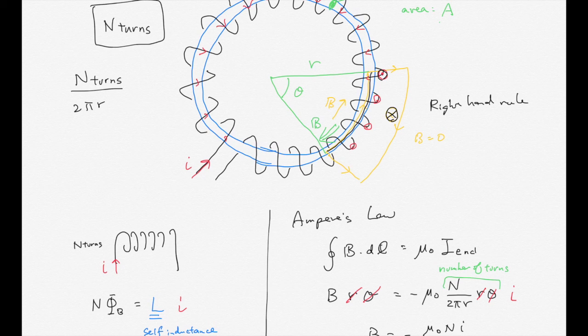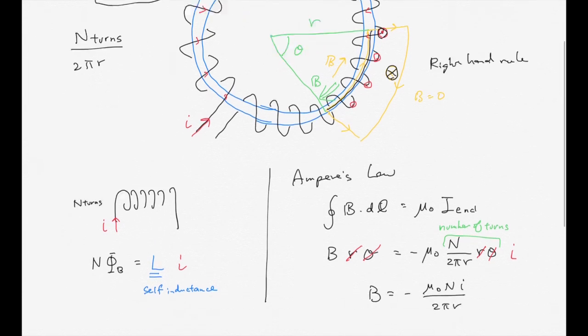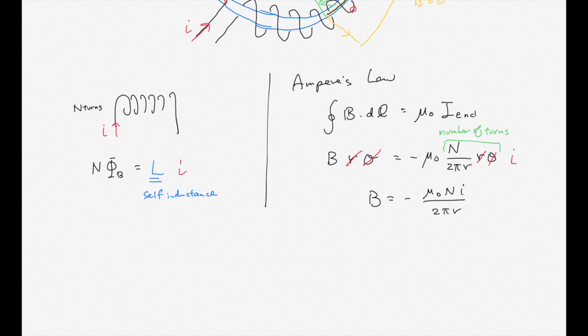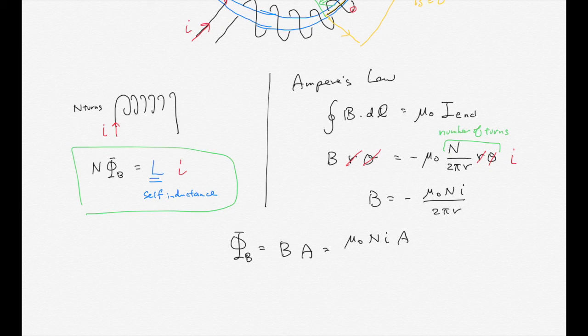Okay. Then we'd like to find the self-inductance. The magnetic flux Φ_B is obtained as B times A. So this becomes mu sub 0 N I A over 2 pi r.